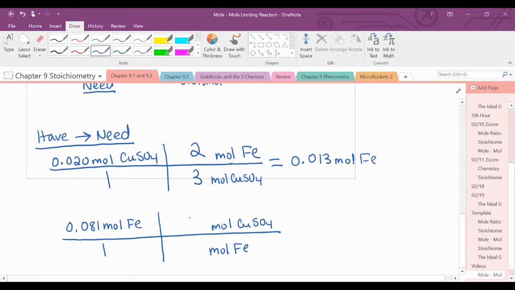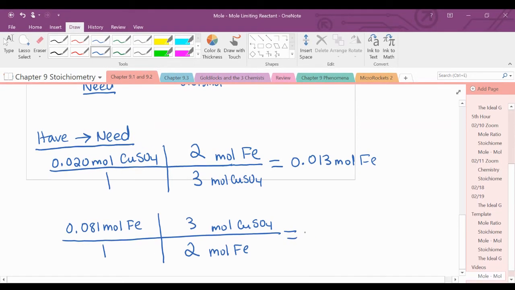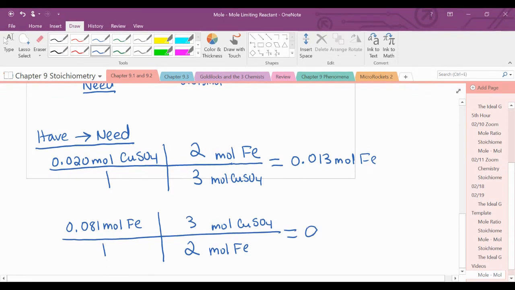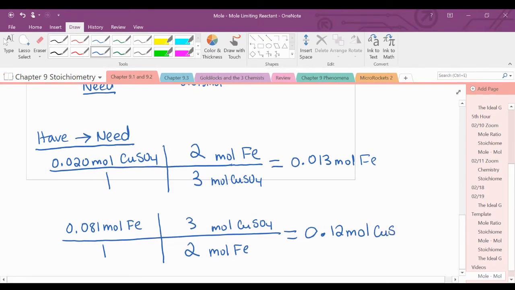And so for every 3 moles of copper(II) sulfate, I need 2 moles of iron. Multiply across the top of my railroad tracks, multiply along the bottom. I would need 0.12 moles of copper(II) sulfate.